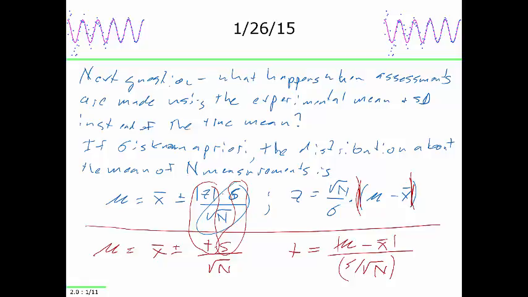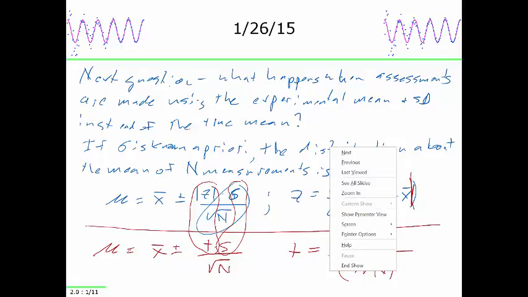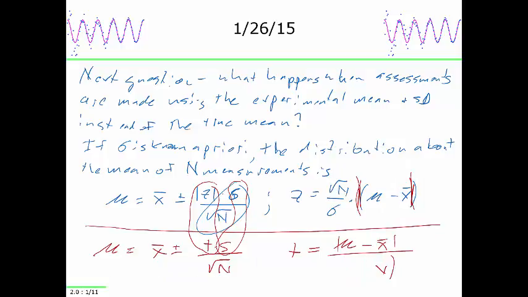I like to make things more confusing than they need to be. We'll even make it all exactly the same. So the square root n over s times mu minus x bar. Okay, there we go.